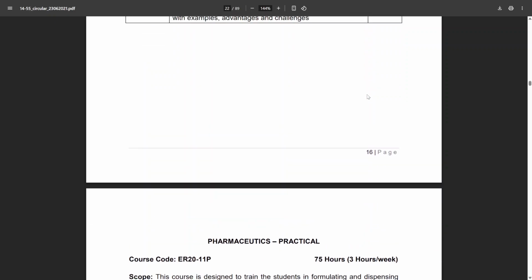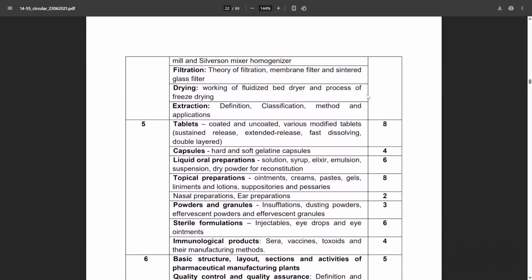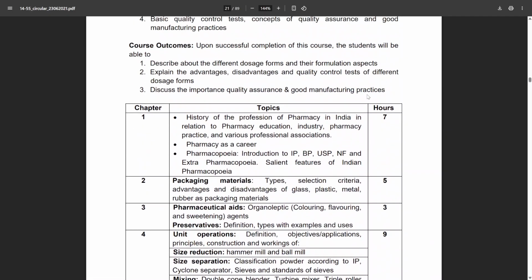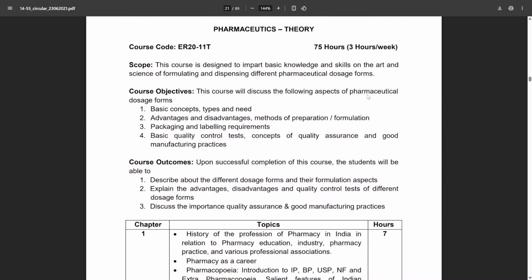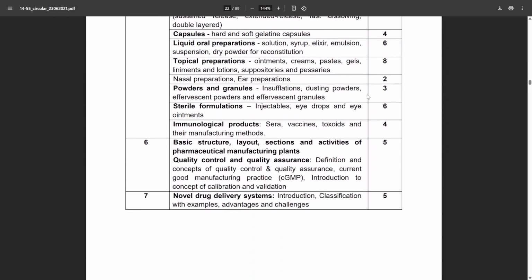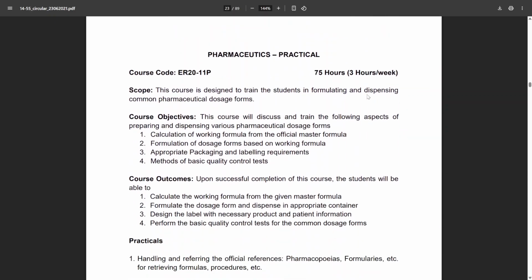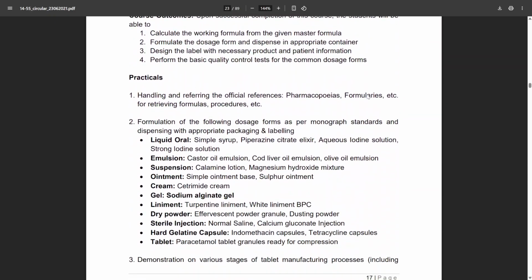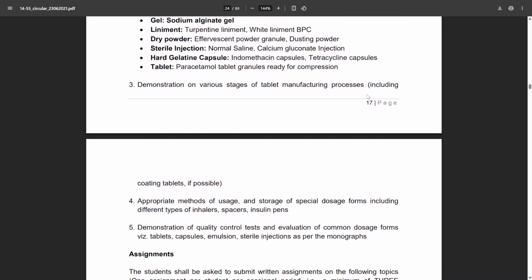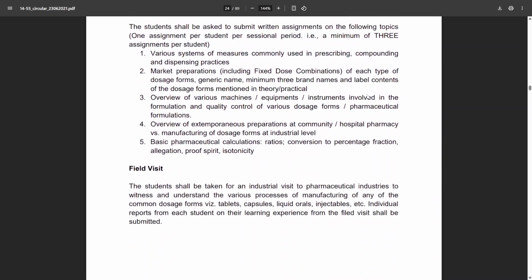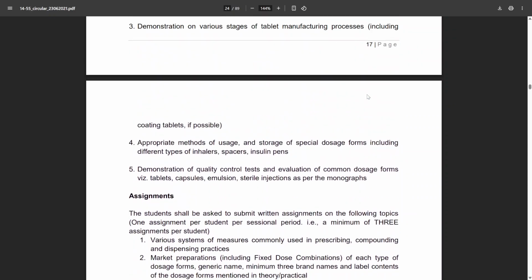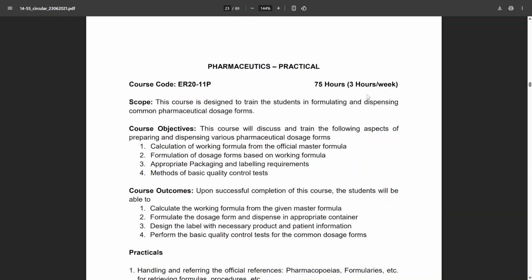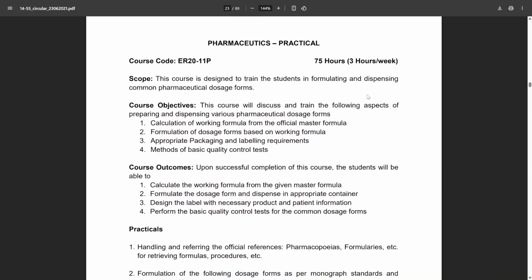So this was all about the theory course of pharmaceutics. Now take a look at the practical as well. Pharmaceutics practical.